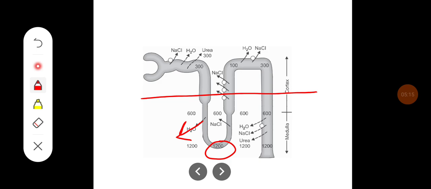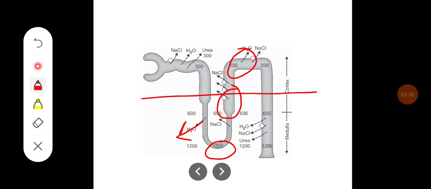And when the fluid reaches the ascending thick loop of Henle, where sodium, chloride and potassium are reabsorbed and water is not reabsorbed, the solution becomes hypotonic. And by the time it reaches the distal convoluted tubule, it is hypotonic.